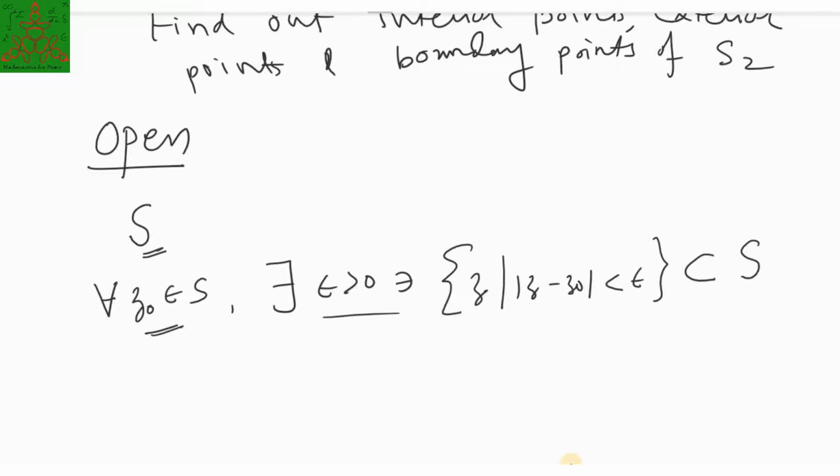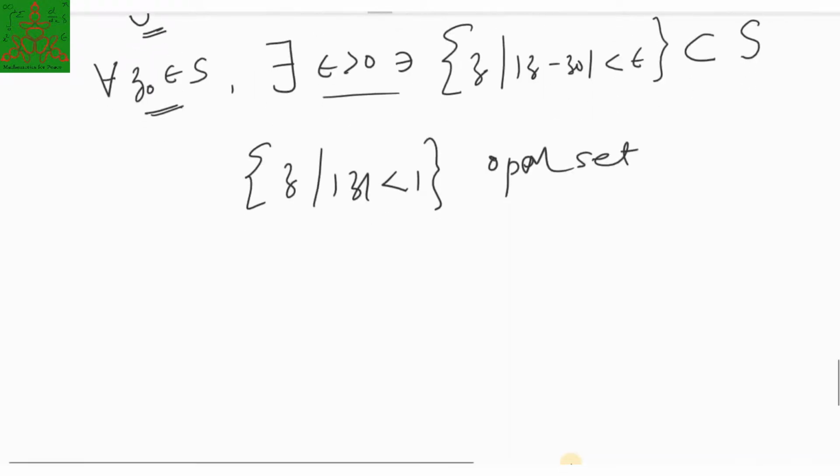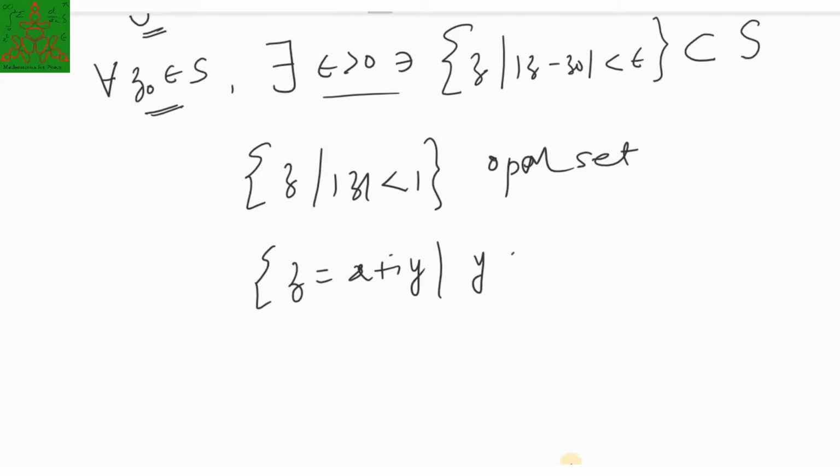For example, mod Z less than 1 is an open set, because it does not contain its boundary points. Simple. If I define the set x plus iy where y is less than 1, then this is also an open set.